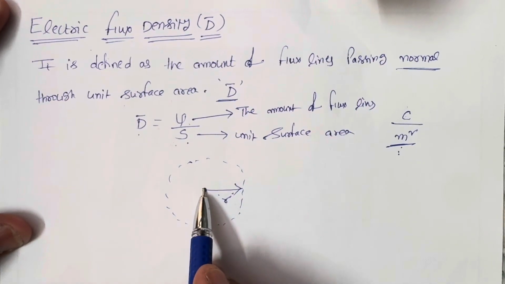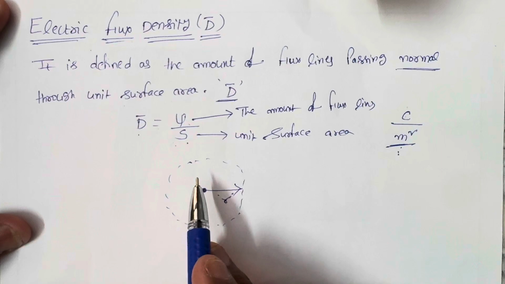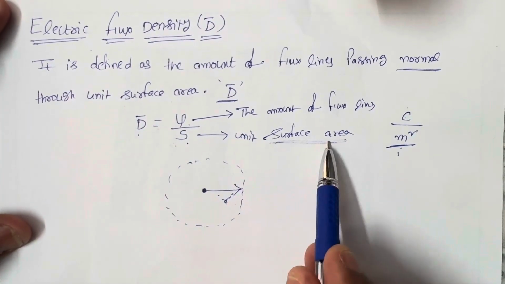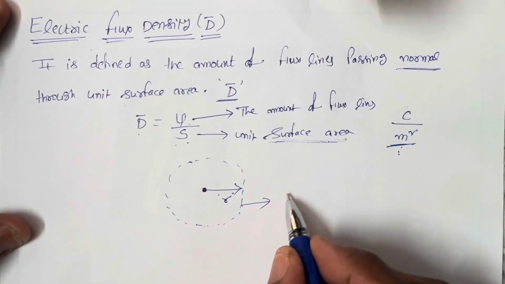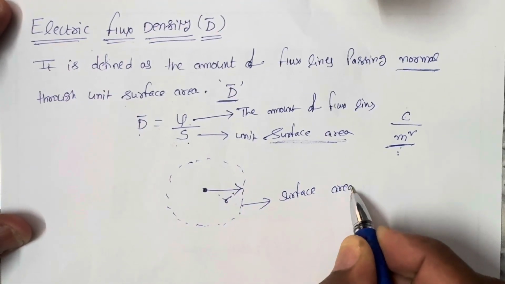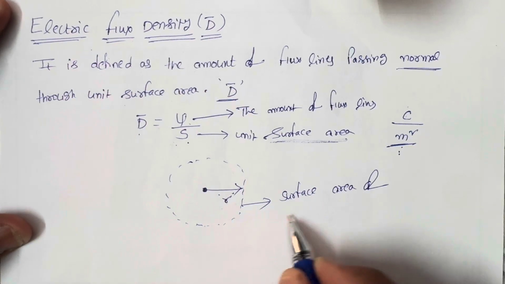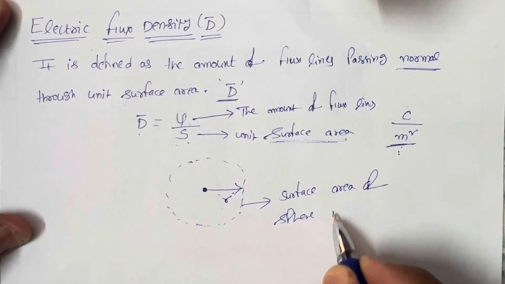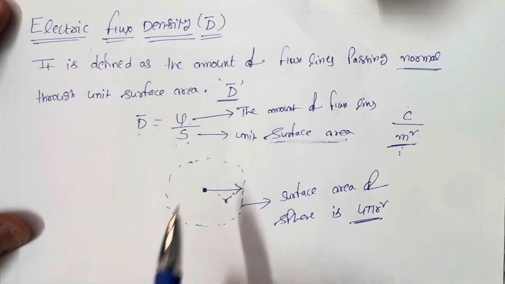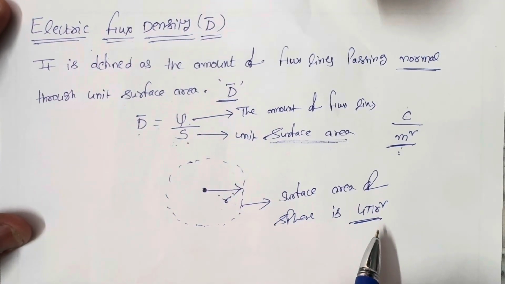In a practical manner, when we see this, it will form a sphere. Here it is the surface area. The surface area of this sphere is 4 pi r square.